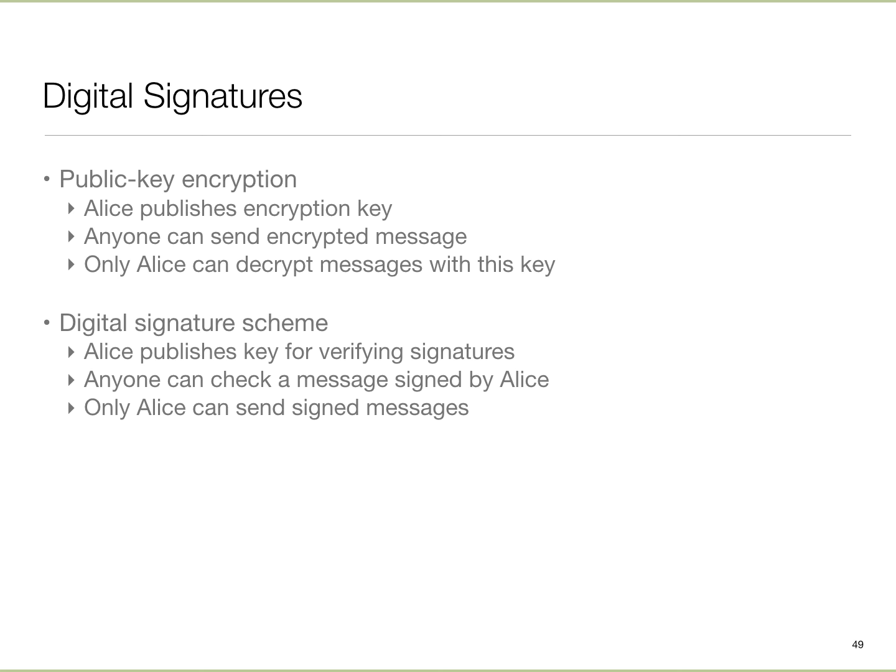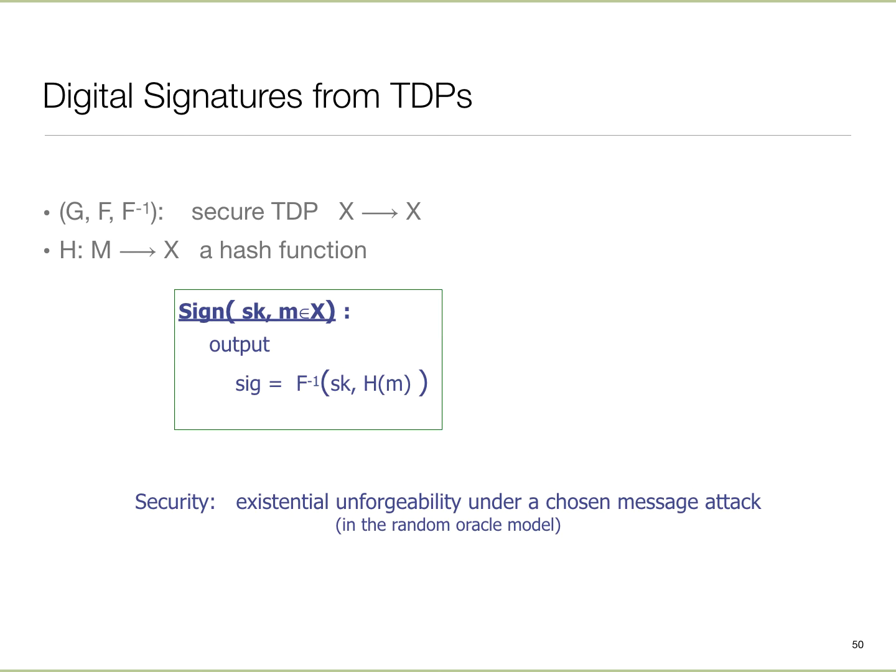So for example, I can take a hash, some sort of summary of the message, and then sign it, and then the party which decrypts it can match it against the content of the message. This way only Alice could have generated the signature. So this is how it works.